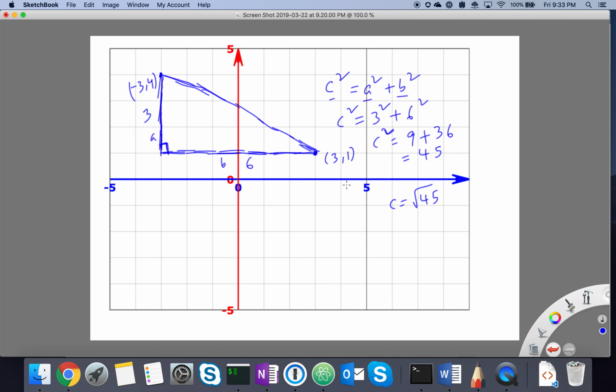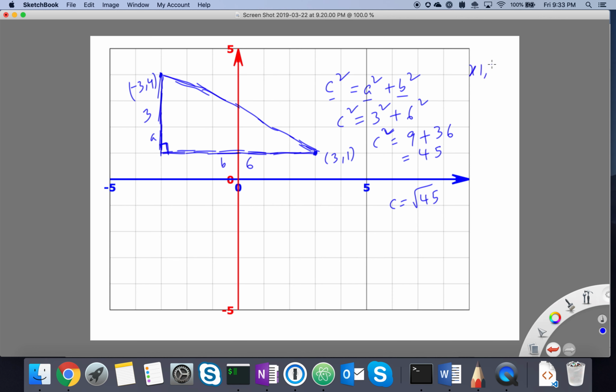So when you want to find the distance between 2 points, you just draw the right angle with those 2 points. And let's make it generic. Let's say there are 2 points in the coordinate plane called x1, y1 and x2, y2.